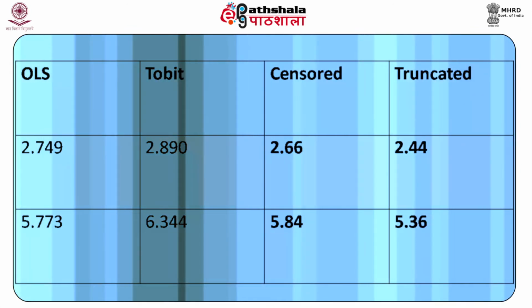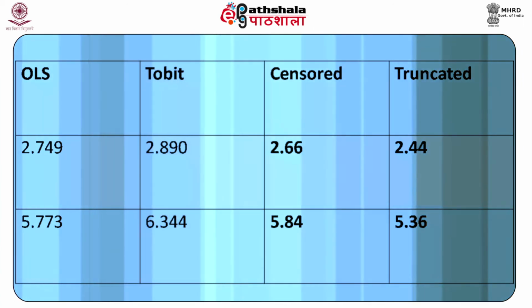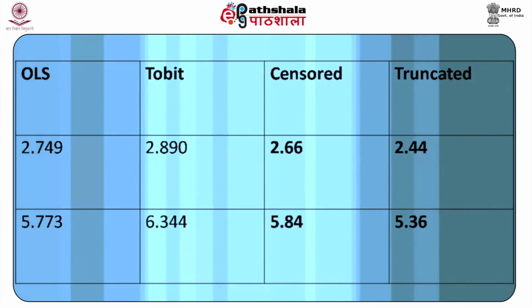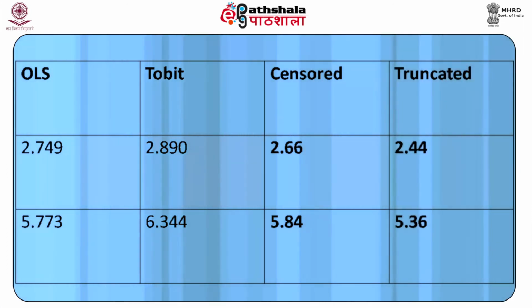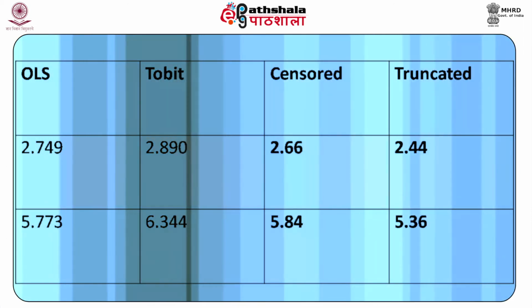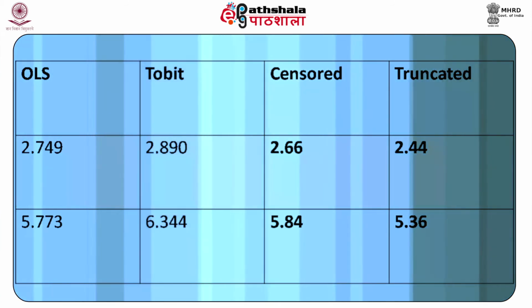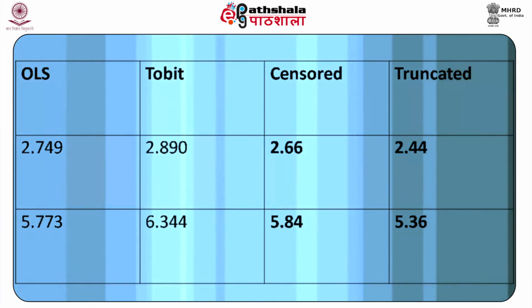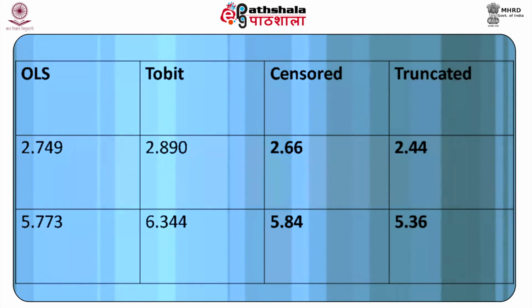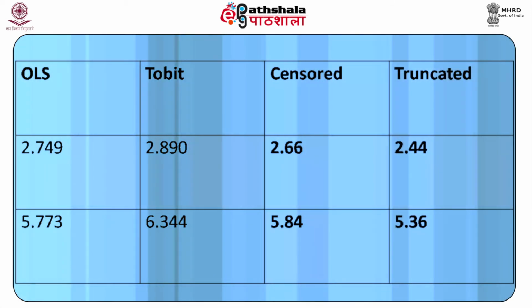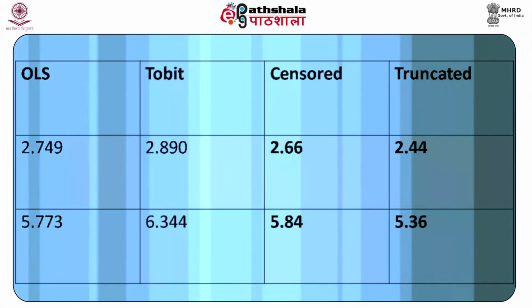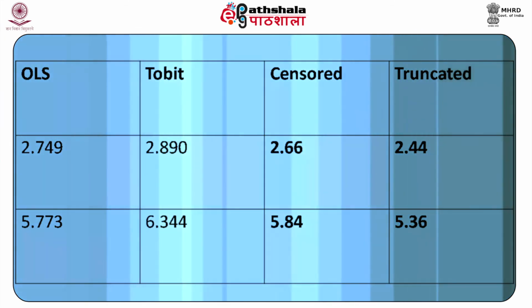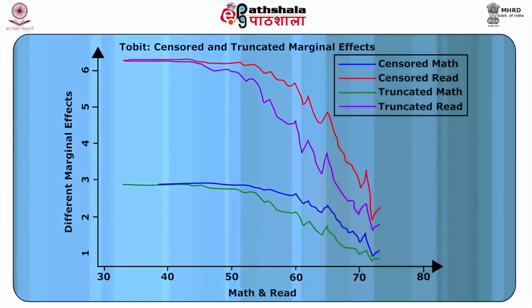The marginal effects are higher in the case of censored model in comparison to the truncated model. Now these marginal effects have been obtained at means. Censored regression treats all values above 800 as 800 and thus shows a higher marginal effect in comparison to the truncated, which leaves those values out altogether. This is shown in graph 6.